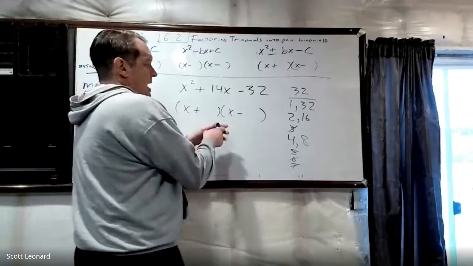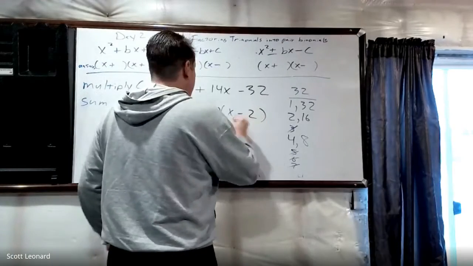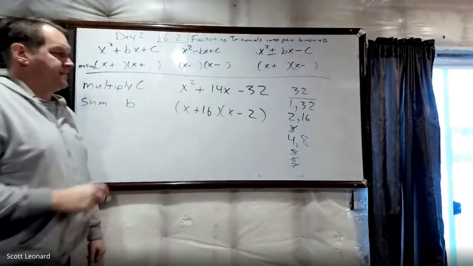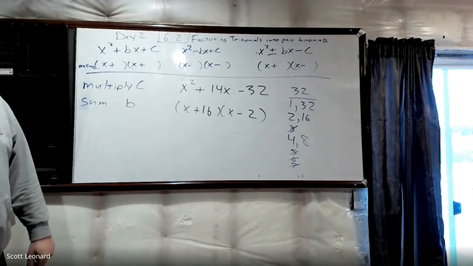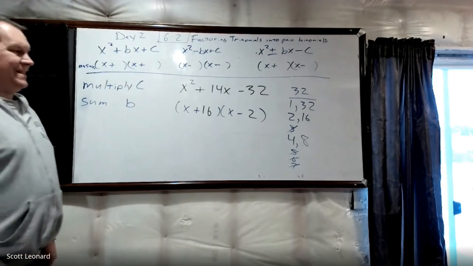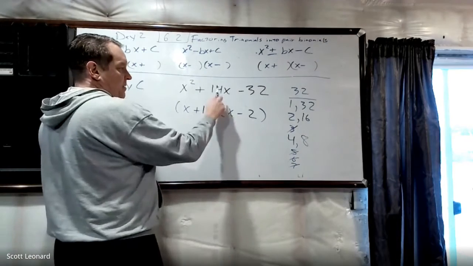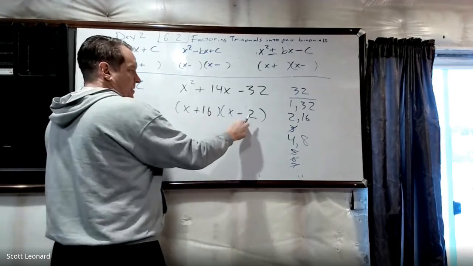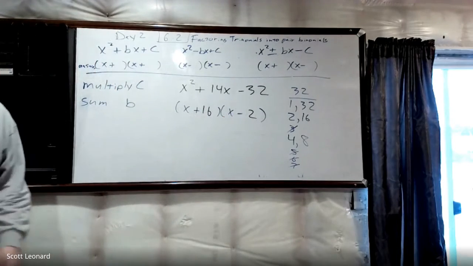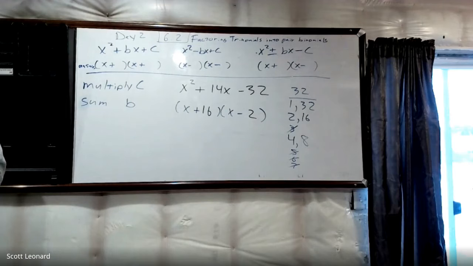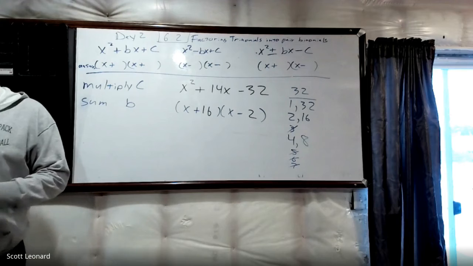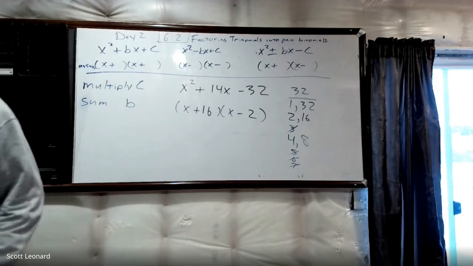So -2, +16. Pretty good there. So once again, they add together to give me 14. They multiply together to give me -32. Okay. Any questions?